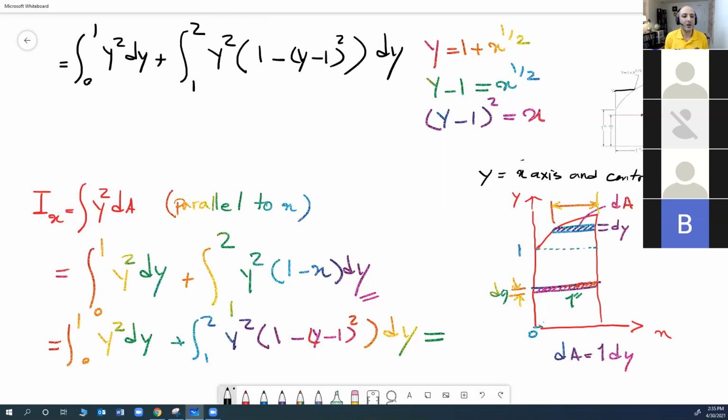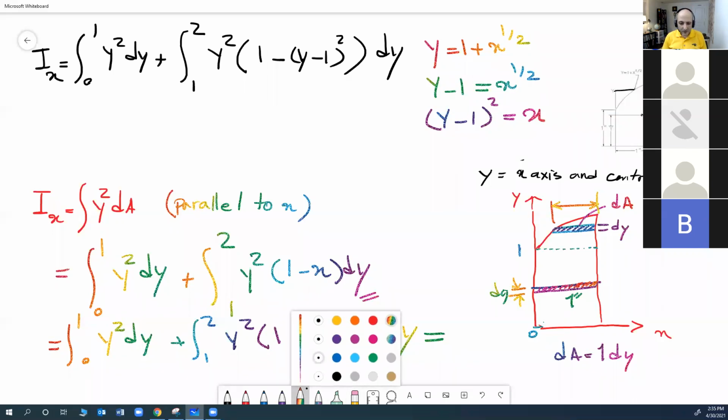This is going to be your Ix. Okay? Questions? I think you can pick what colors are included in the rainbow too. That's pretty cool. All right, questions?